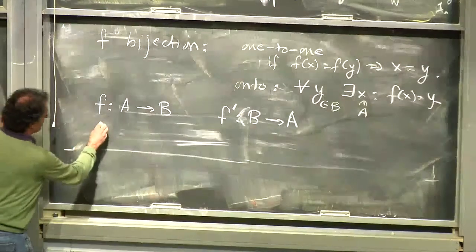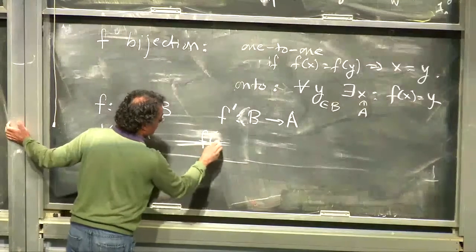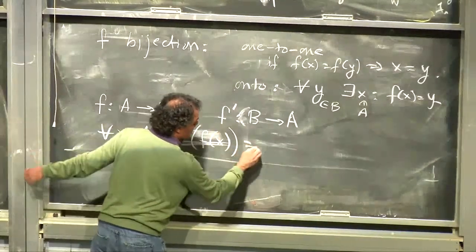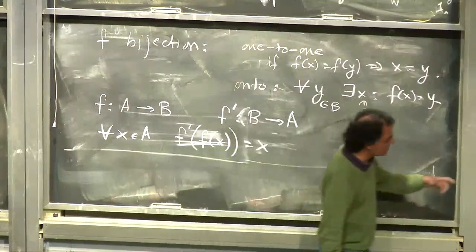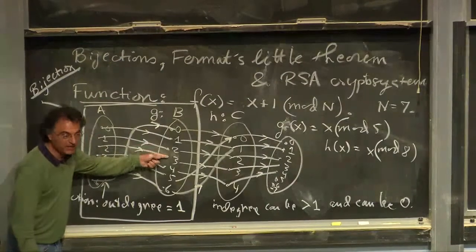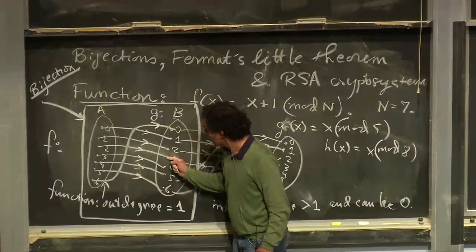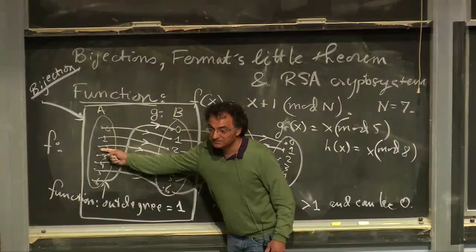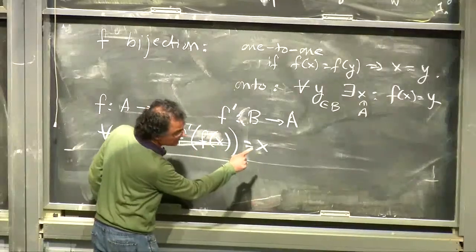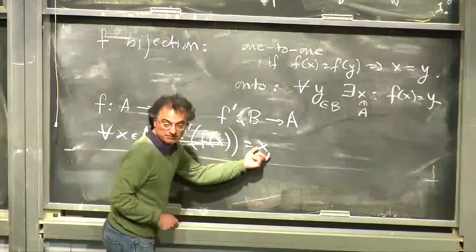So meaning for all x in A, if you look at f of x, and now you apply f prime to it, you get back to x. Right? So you start from here, you apply f to it, you go from 2 to 3, and now you apply f prime, which is, you just take this backwards. So almost by definition, you go back and you're back at 2. Right? So if x is 2, you apply f of x, you get to 3, and then f prime just takes you back from 3 to 2. So you're back at 2.